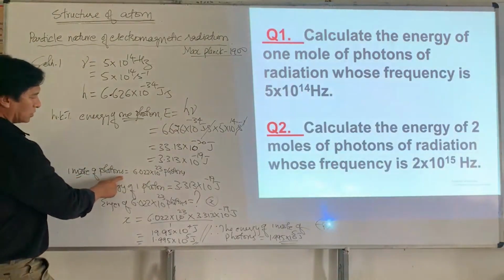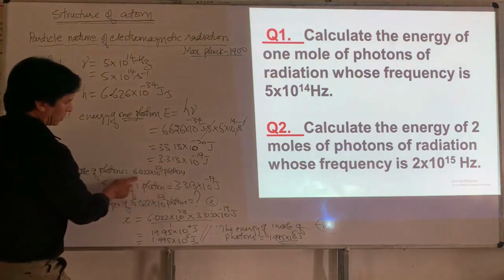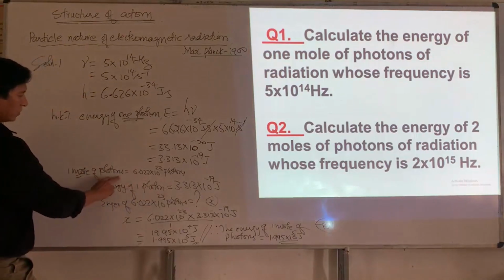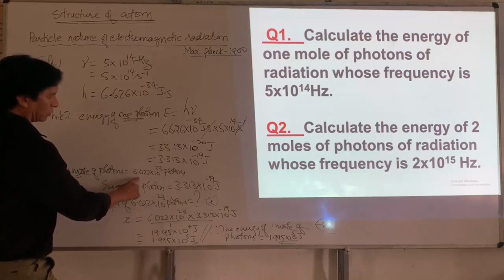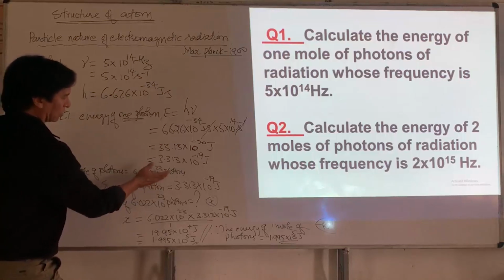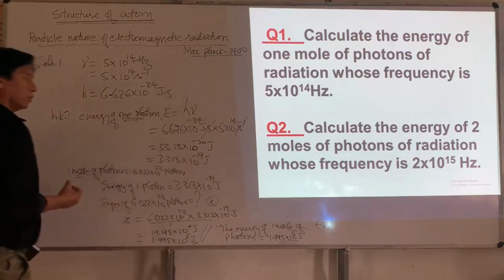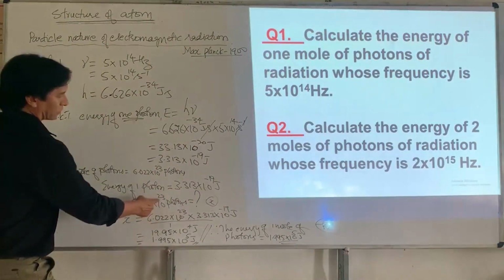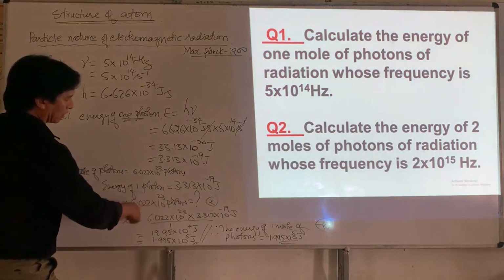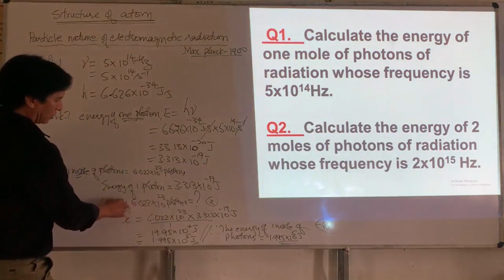See, 1 mole of photons means this many photons. Now, 2 moles of photons means this number to be multiplied by 2. So 2 into 6.022 into 10 to the power 23 photons. So you use that number, and then you write the energy of 2 moles of photons here. This number will change now. In the 6.022, you put 2 here, right?